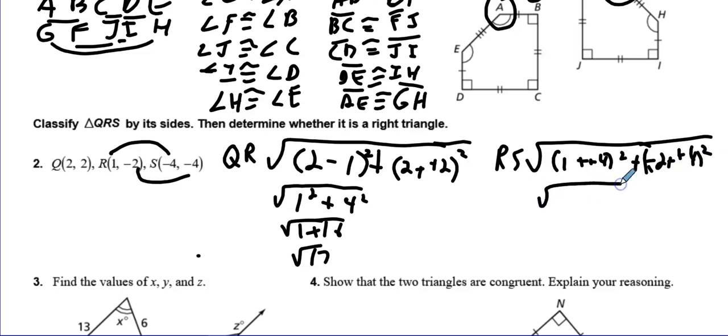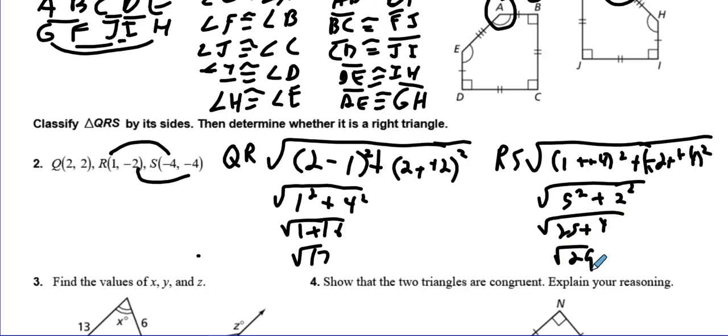So what I end up with is 1 plus 4 is 5 squared, and negative 2 plus 4 is 2 squared. So that ends up being 25 plus 4, so that's the square root of 29.